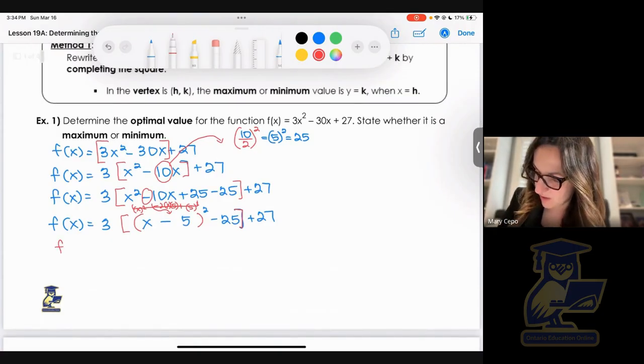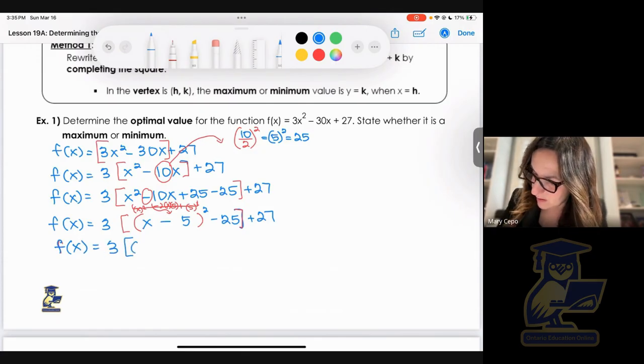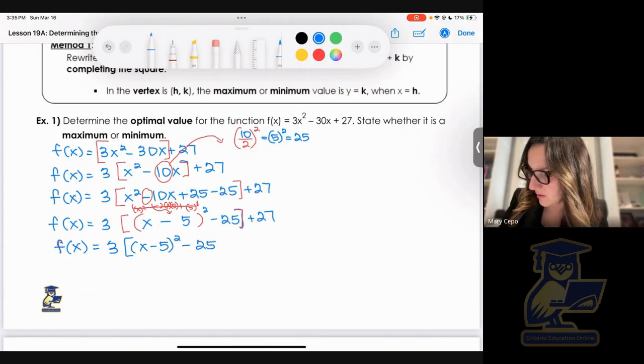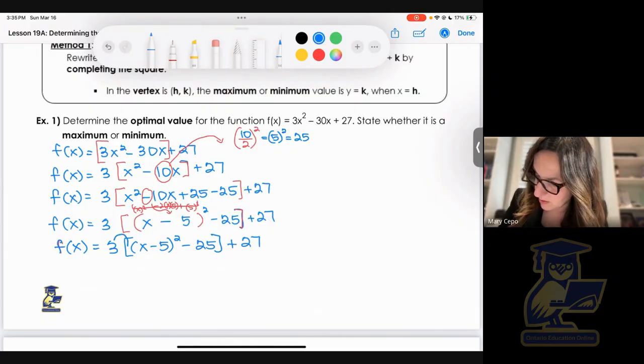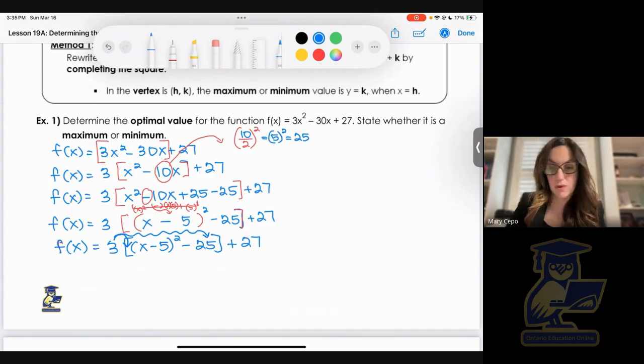So then we have f of x is equal to (x minus 5) all squared minus 25. And we want to get rid of those square brackets. Keep in mind that the 3 goes right in front, because remember, our goal is to have a vertex form of a quadratic function.